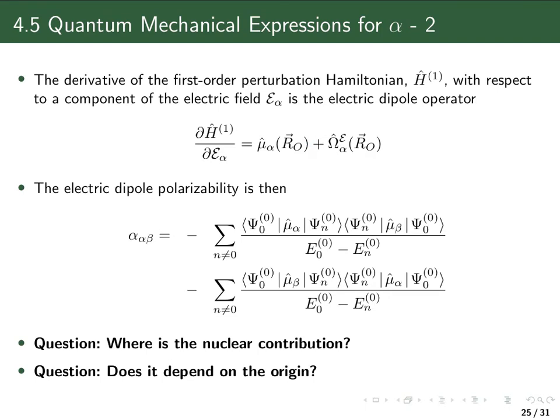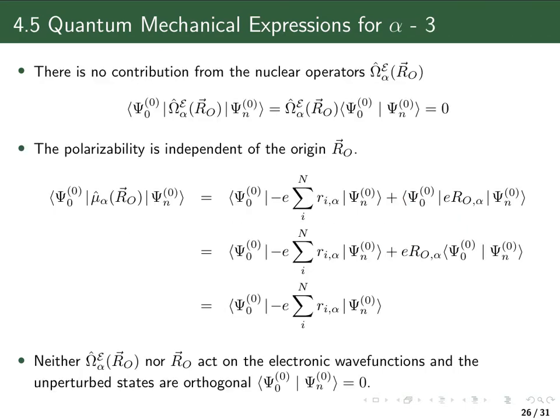So let's look at one of those transition moments, in particular the transition moment which we would get if we had used the nuclear contribution to the electric dipole moment operator. Now this operator, being the nuclear part, only acts on nuclear coordinates, but these wave functions, because we're in the Born-Oppenheimer approximation, depend only on electronic coordinates.